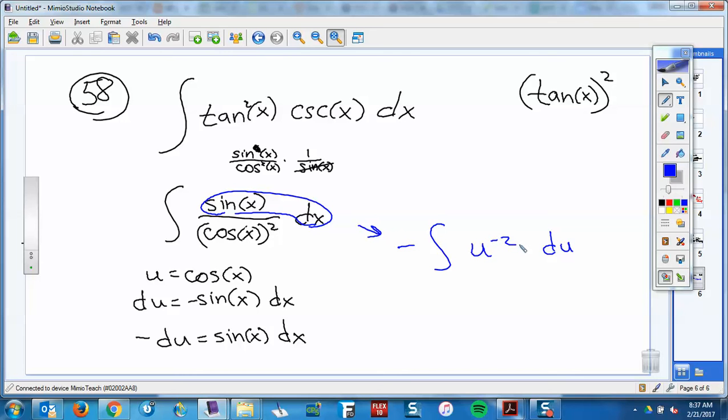I want to write that as u to the negative 2. We don't want to write 1 over u squared because then we're going to think it's ln, and it's not ln. So we raise that up 1 to negative 1. Divide by negative 1 will cancel that, which is 1 over cosine plus c, or secant x plus c.